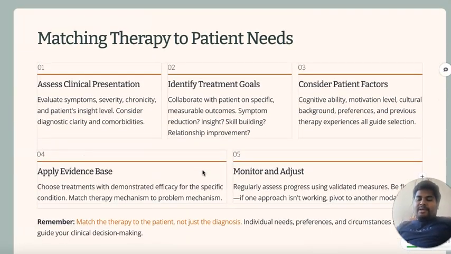So we learned about the different therapies here, and the basic thing is that whenever the patient comes to you, your role is as a therapist. Let's say in the examinations, the question frames you as a therapist, and in that case, you have to first evaluate the symptoms, severity, chronicity of the patients, and the patient insight level. Okay, and then you have to try to identify the treatment goals. Okay, consider patient factors while determining the treatment goals. We say that we have to match the therapy to the patient, not just the diagnosis.